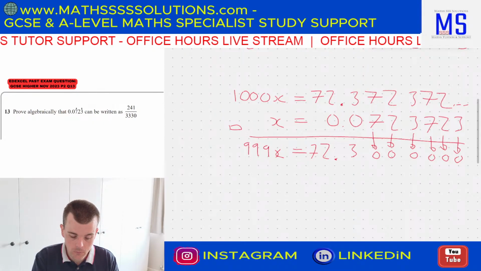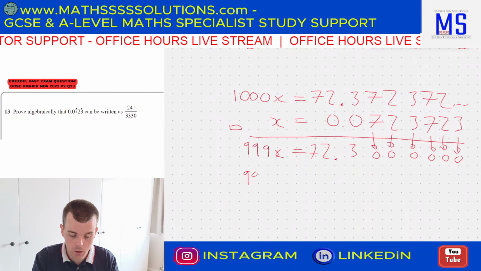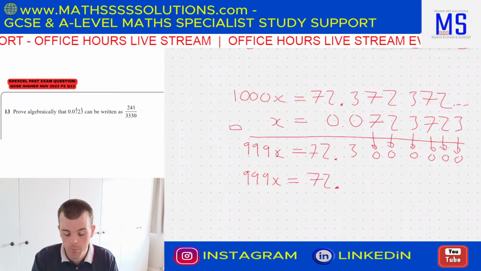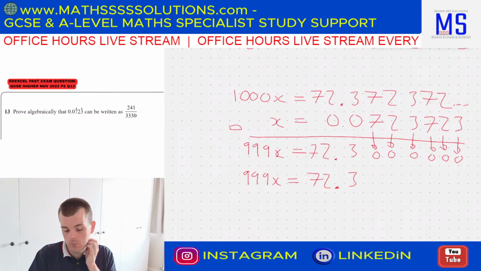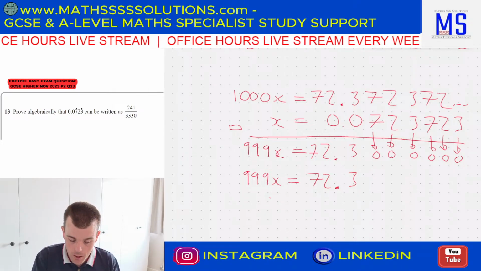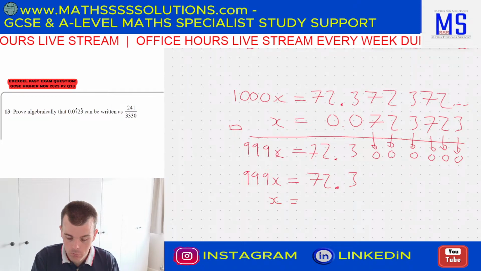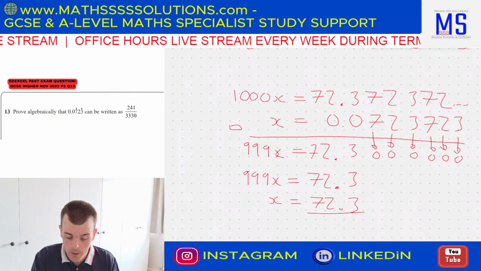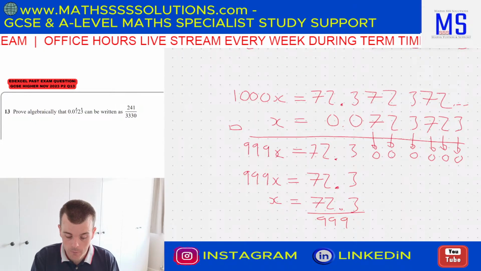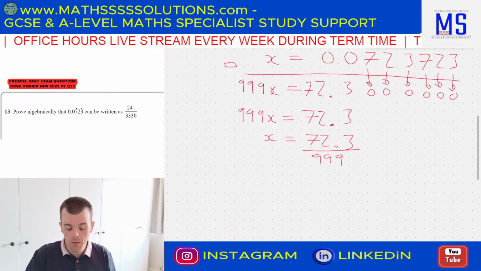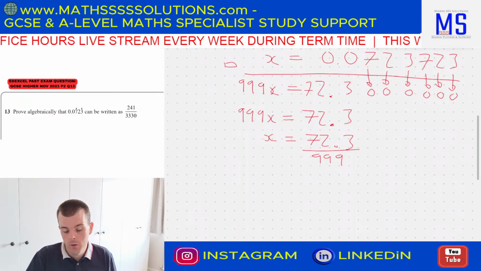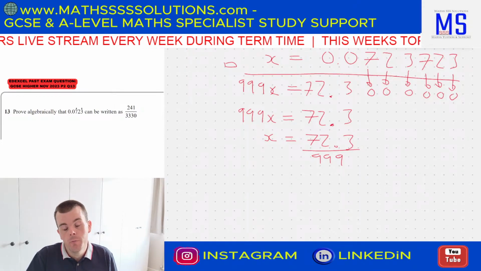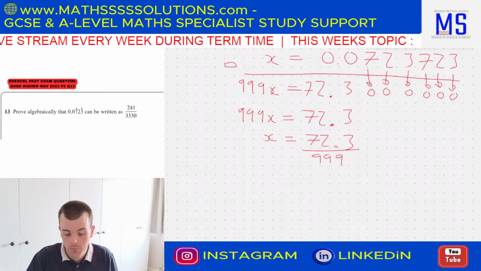So you've got 999x equals 72.3, a terminating decimal now, and then divide by 999 to find x equals 72.3 over 999.